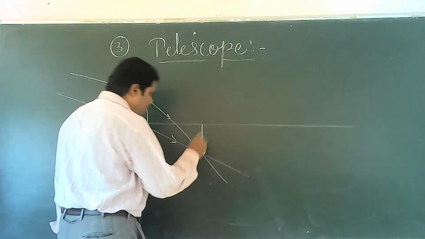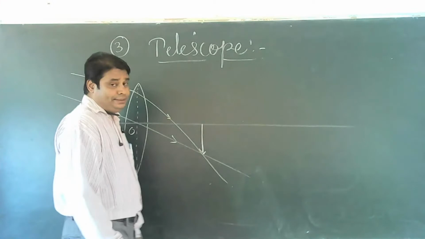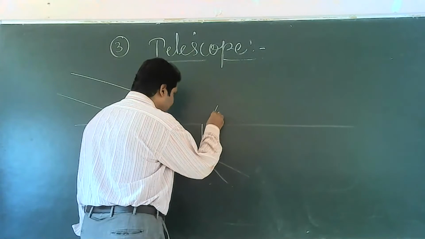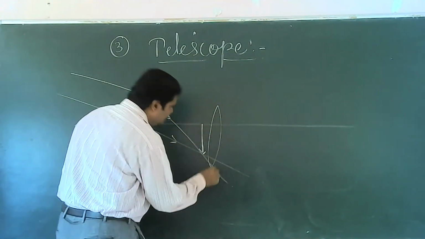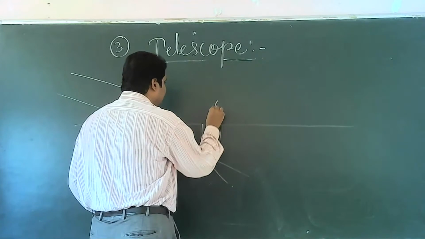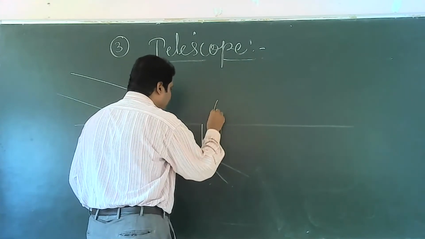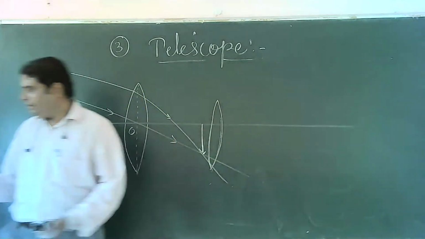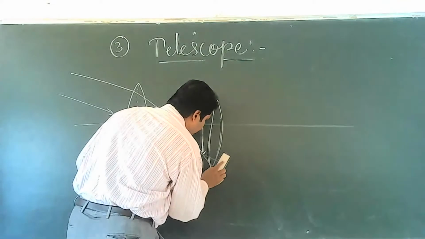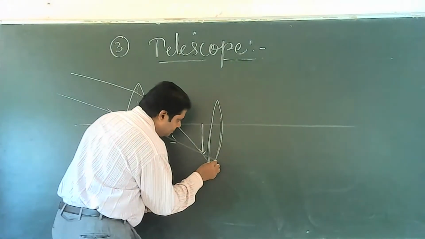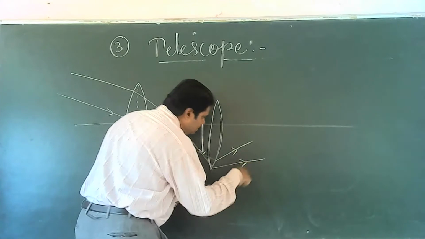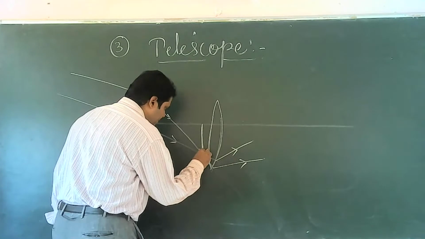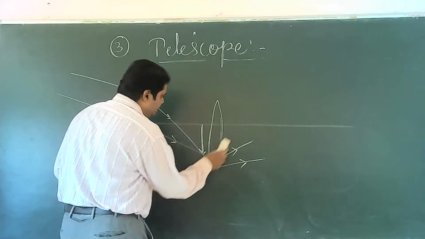When you place another lens, this image acts as an object.